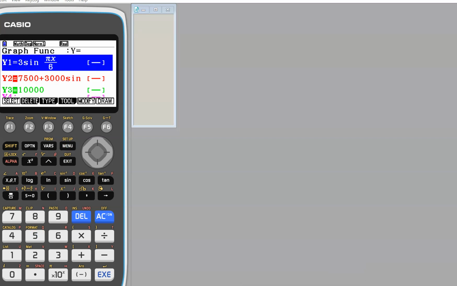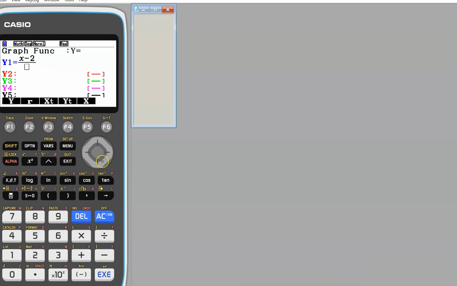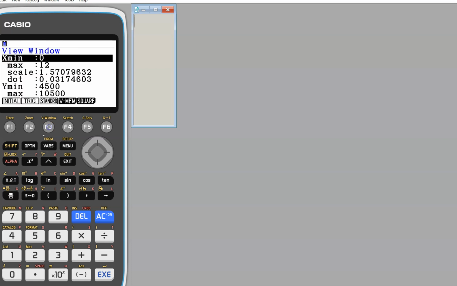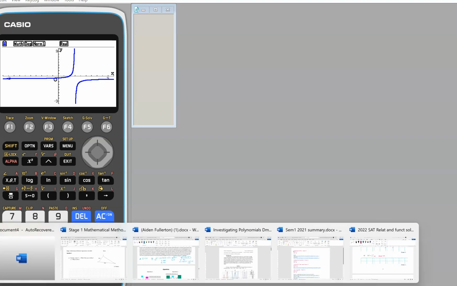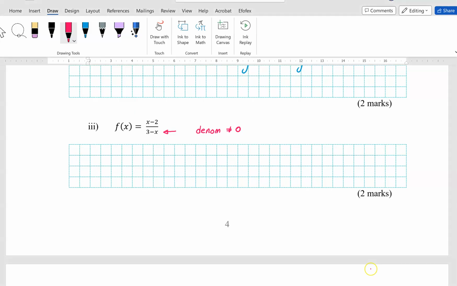Oh, we've got a few graphs there. Okay, x take 2 over 3 take x. So enter, and now before I graph that, I'm just going to go, and I think standard will be a decent scale, and we have a look. Okay, so along here, the vertical, we know that that's not going to be able to equal 3 because of this. So our domain will be basically x cannot equal 3.